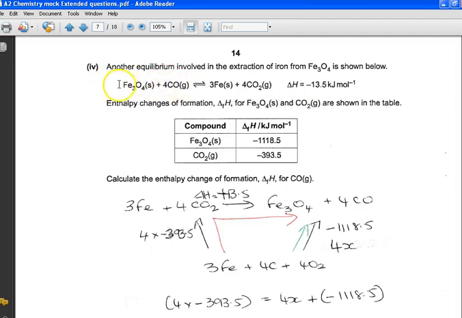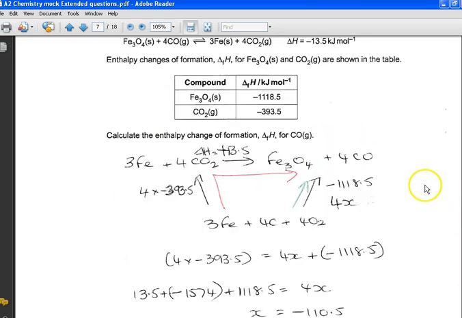Carbon monoxide in the equation here is on the left-hand side, so you're forming carbon monoxide, so you want to swap that around, which means you have to change the sign of your delta H. Okay, so I've just rewritten the equation where I'm forming carbon monoxide because that's what you've been asked for. Calculate the enthalpy change of formation for carbon monoxide.